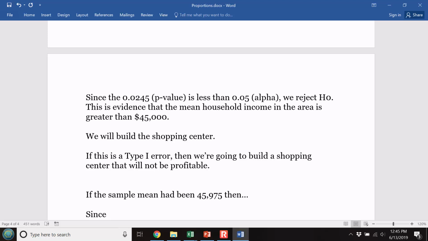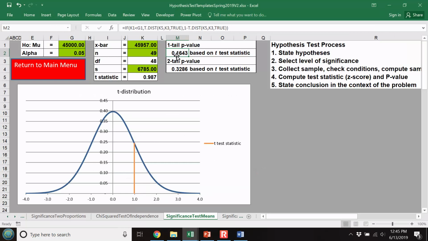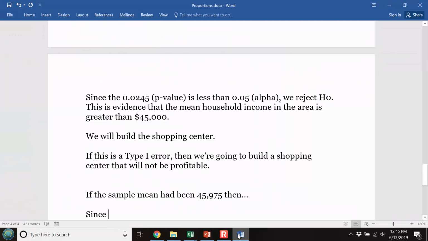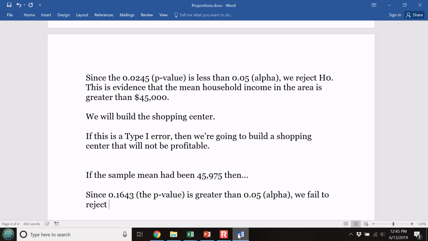We'd say since 0.1643 is greater than 0.05 alpha, we fail to reject H naught.